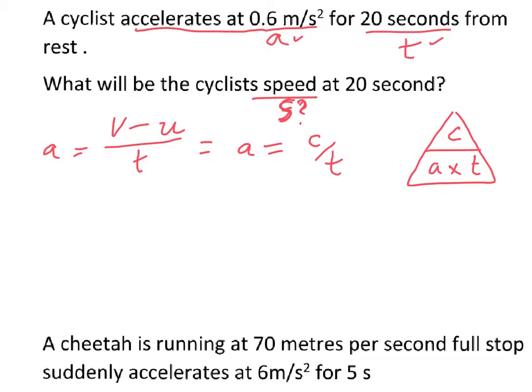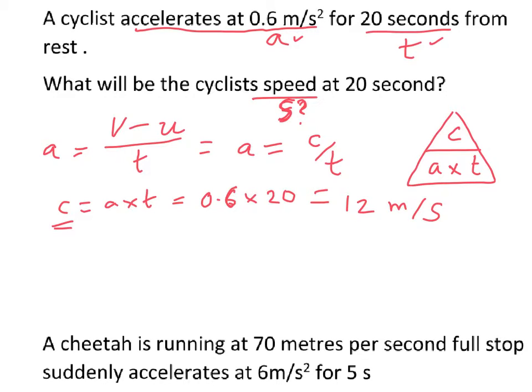So now getting back to the problem, C equals A times T. Always show your formula first before you work out. And A in this case is 0.6 and the time is 20 seconds. Okay, now that equals 12 meters per second. Now remember, you're working out the change in speed.